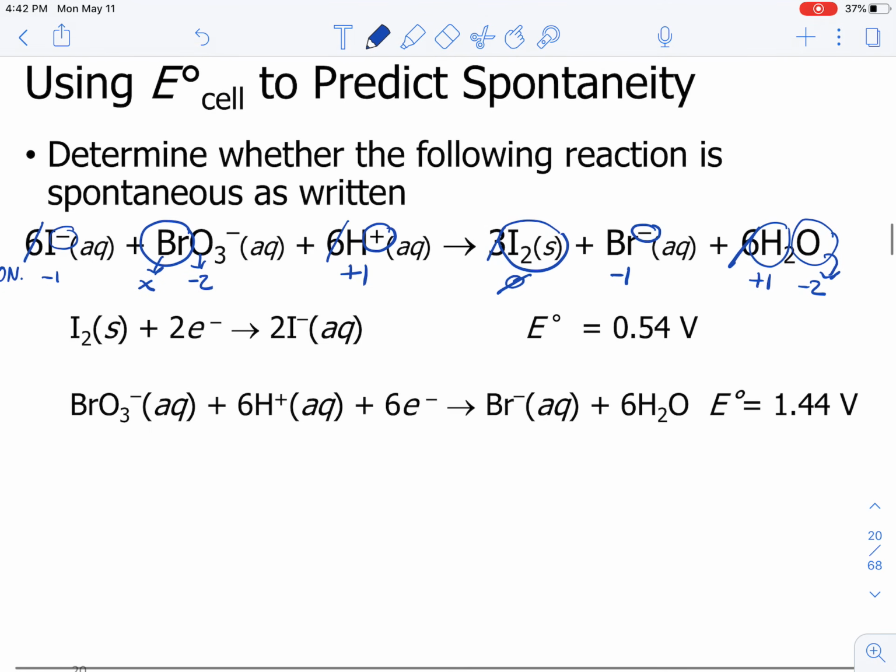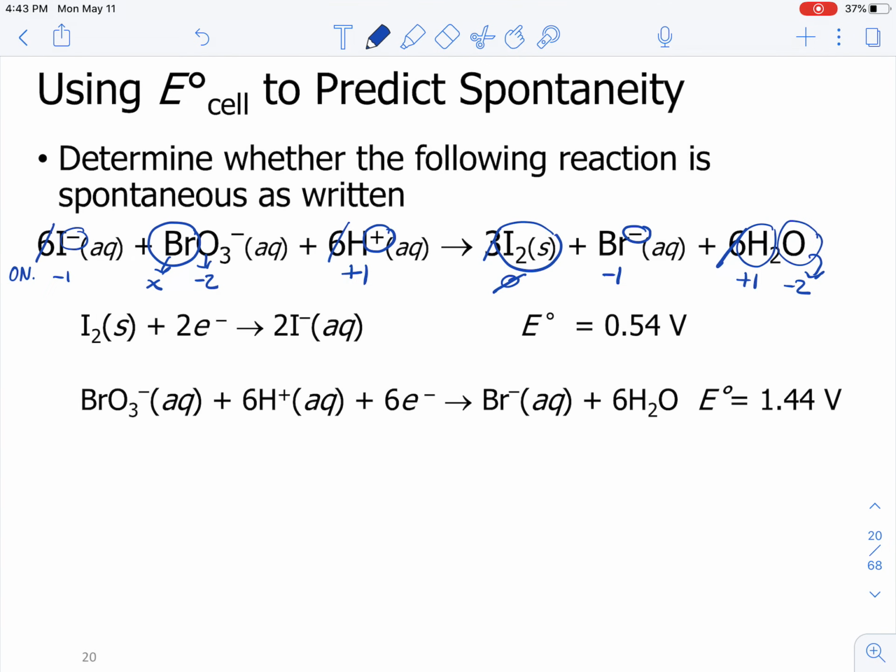So now that I've listed all my oxidation numbers, I'm going to start comparing them. If I look at iodine before and after the chemical reaction, notice that there's a change in oxidation number. So something happened. If I look at hydrogen, notice that it's +1 here and +1 there.